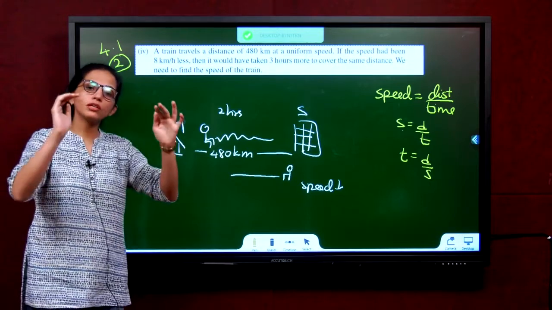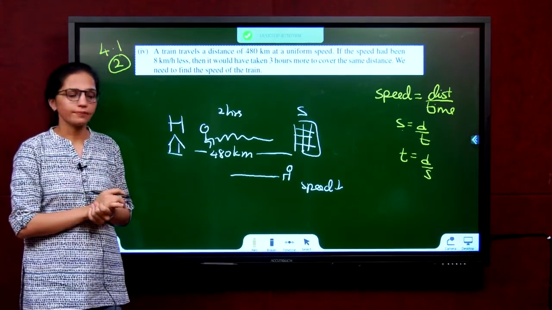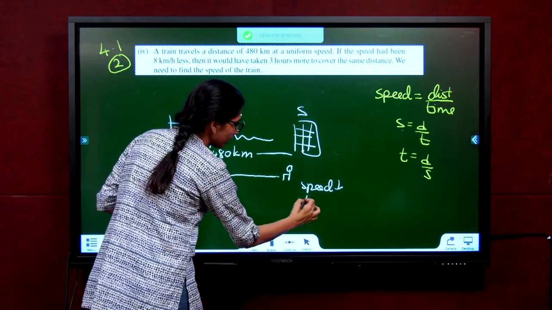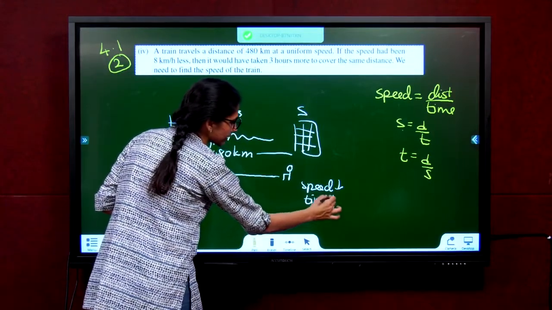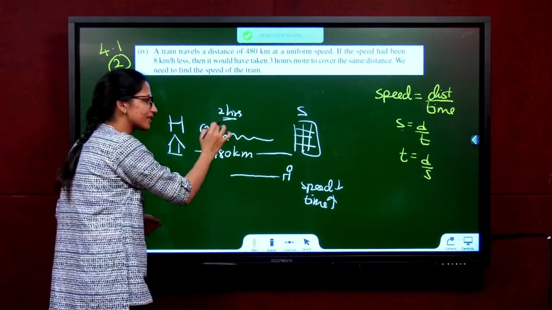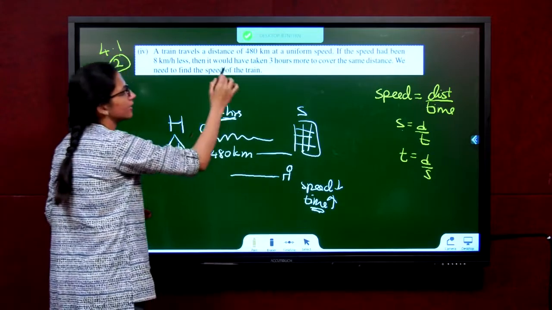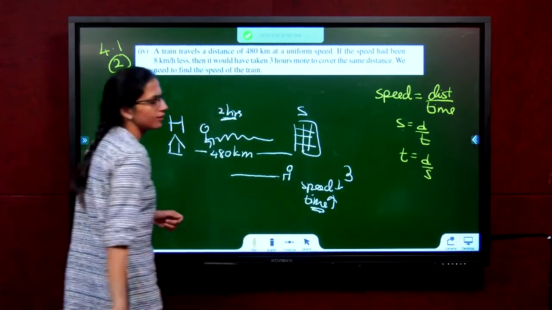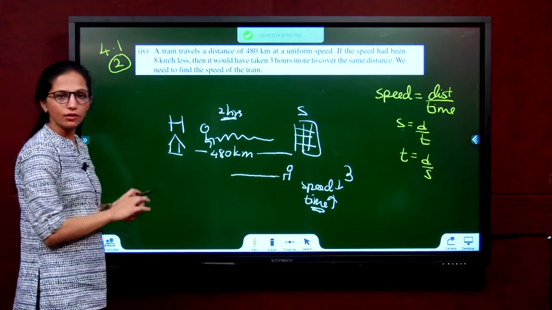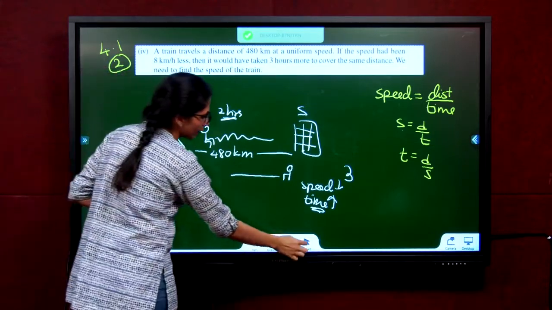Will you take more than 2 hours or less than 2 hours? You will obviously take more than 2 hours. So I can say the time will increase. They are telling you the time difference between this time and this time is 3 hours. I hope you understood this problem. We will do it with respect to the train question now and we will see how you understand it.